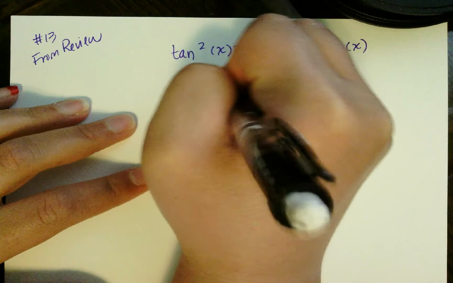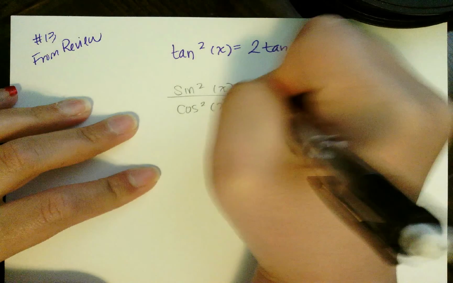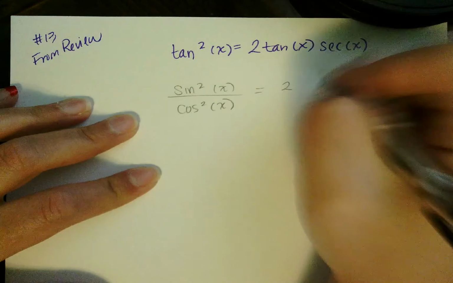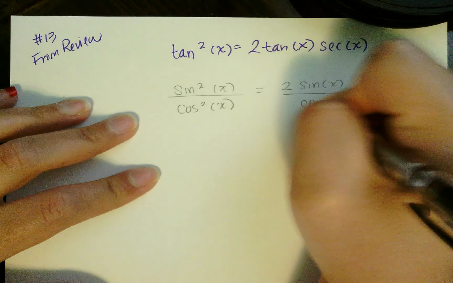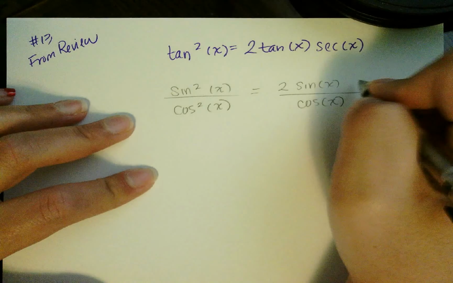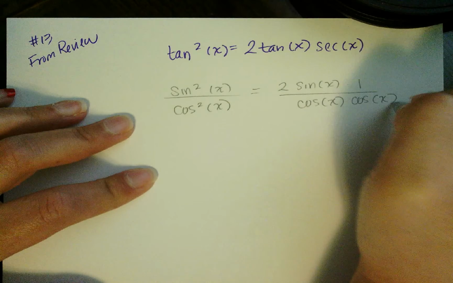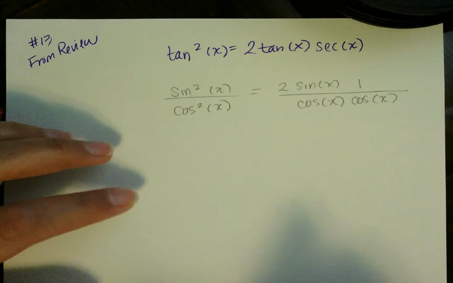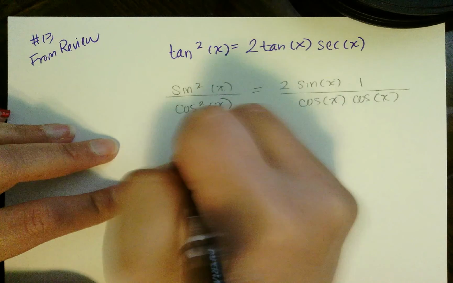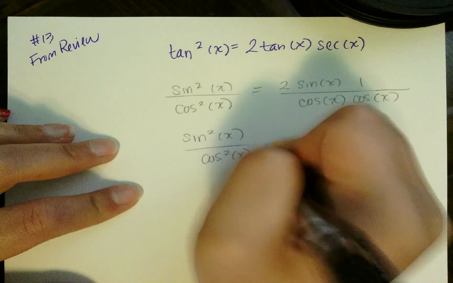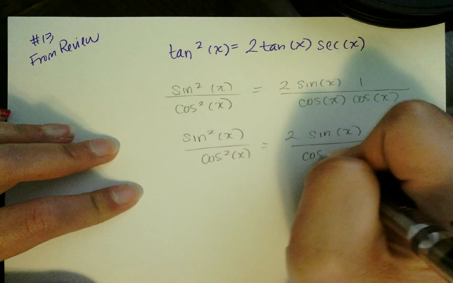Sine squared of x over cosine squared of x equals 2 times sine of x over cosine of x, and secant is 1 over cosine, which is actually just cosine squared. So I'll just clean that up: sine squared of x over cosine squared of x equals 2 sine of x over cosine squared of x.